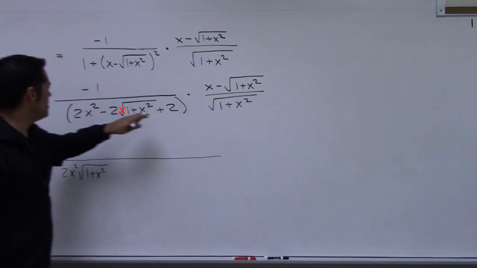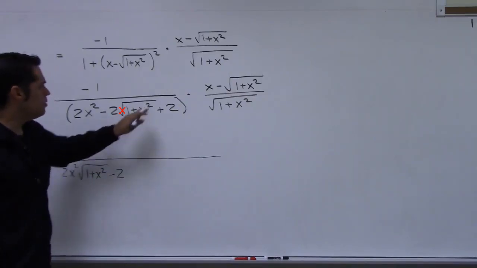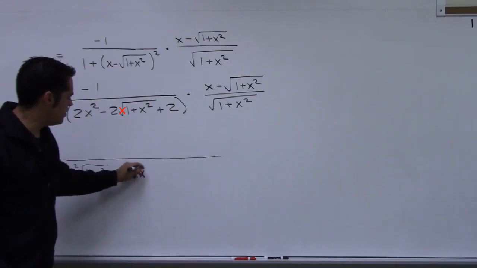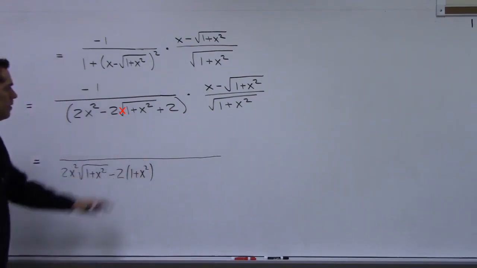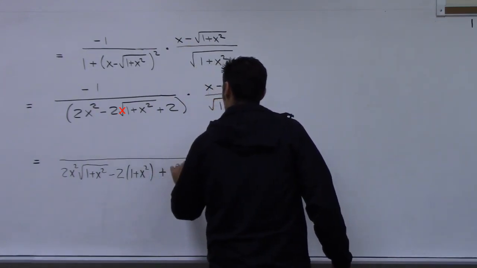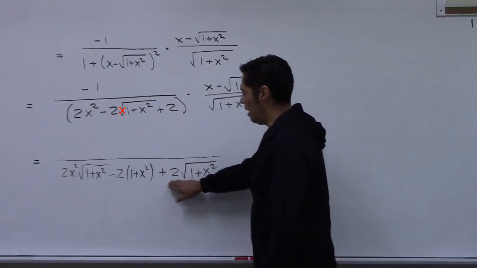And then this times this, the negative 2 is there, but the root times itself again goes away, so we'll get 1 plus x squared in parentheses. And then 2 of those would give us plus 2 root 1 plus x squared. And that's what it is.